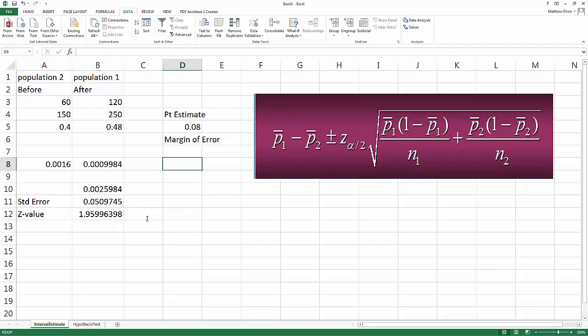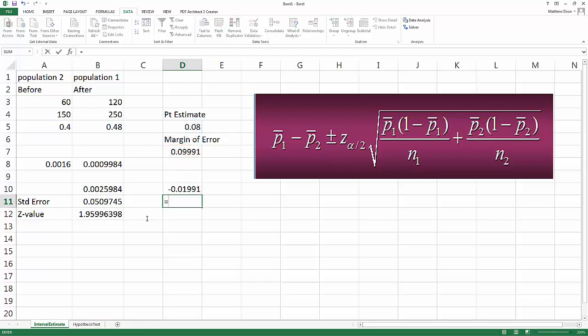So then the margin of error is the Z value times the standard error, the 0.051 that we came up with. So my margin of error is 0.09991. Then my interval estimate, the low end, will be the point estimate minus the margin of error.